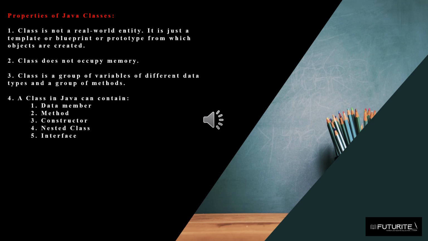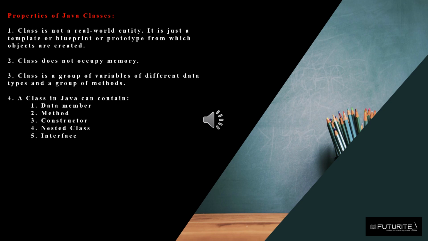What are the properties of Java classes? A class is not a real-world entity. It is just a template or blueprint or prototype from which objects are created. A class is not like any object which exists in the real world. Suppose you are planning to build a house. What do you need before building a house?